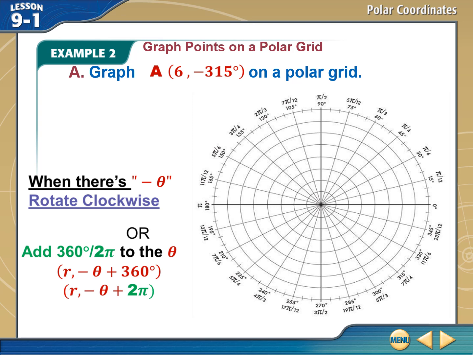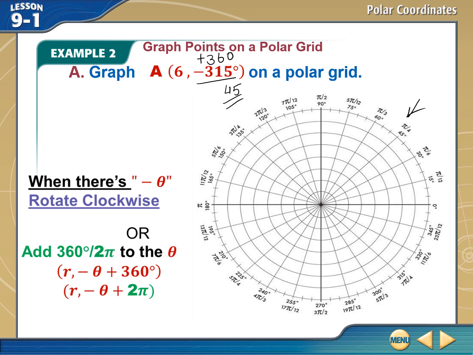Let's try one more. 6 and negative 350. I told you whenever theta is negative and r is positive, add 360 degrees to the angle. So 360 minus 350 is 10 degrees. Where is 10 degrees? Here.